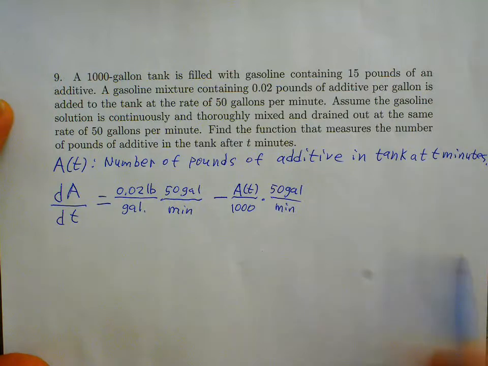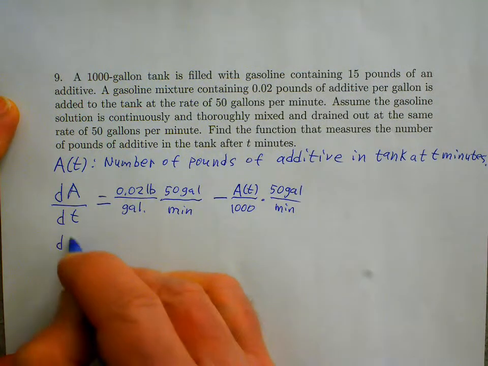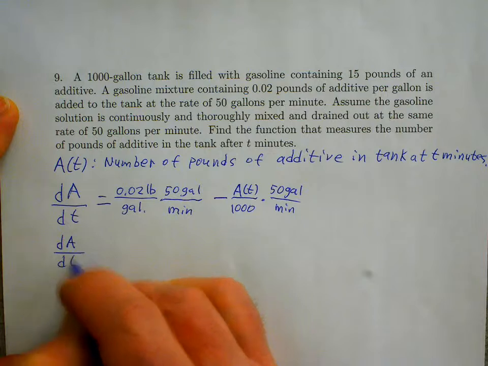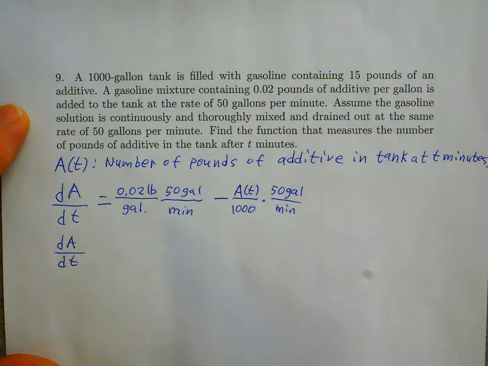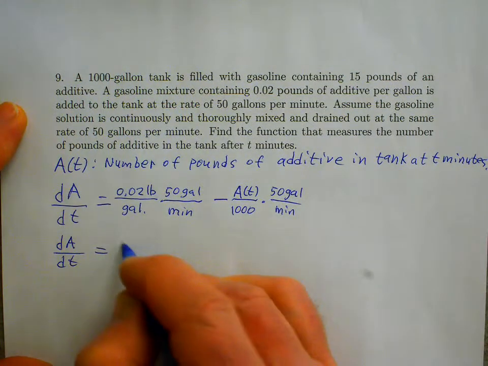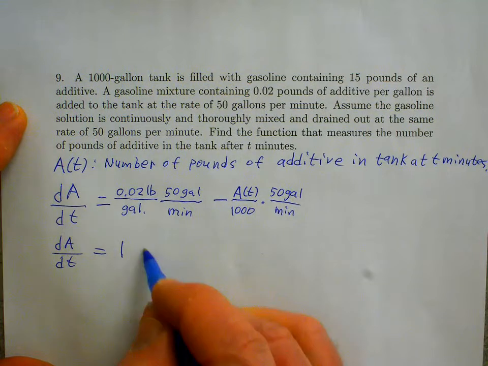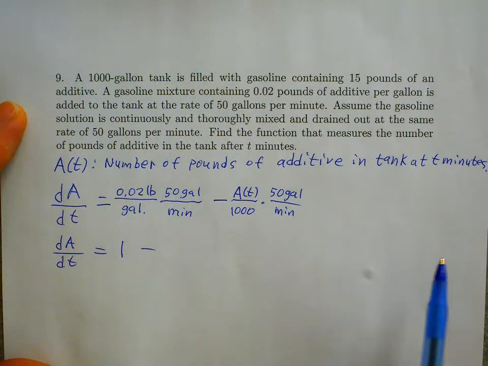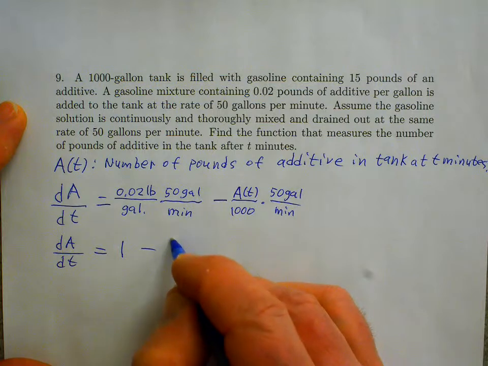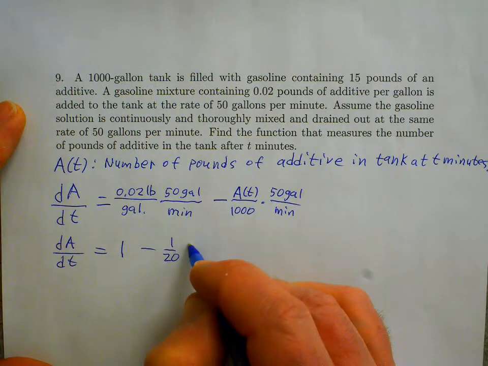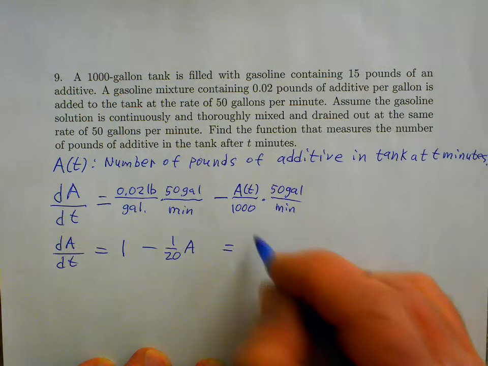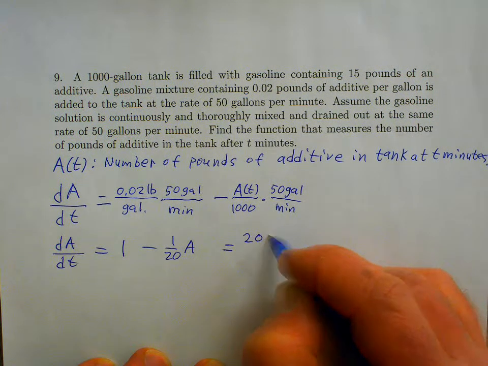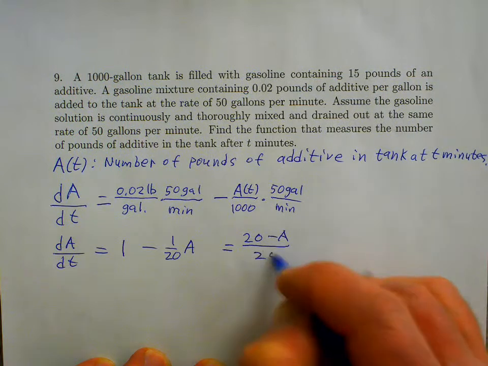Okay, so when we write the equation without the units and simplify the arithmetic, we get 1 minus 1/20th times A. Okay, but let's write this as (20 minus A) over 20.